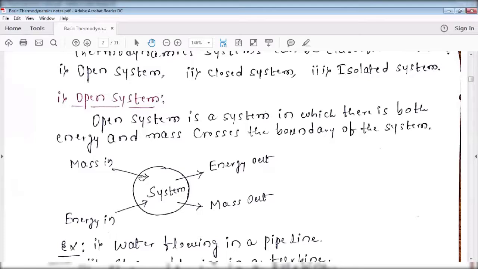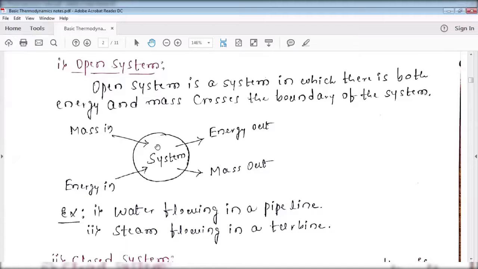Once the system boundary is open, both mass and energy are entering from the surroundings to the system, and both mass and energy are coming out from the system to the surroundings. Such systems are called open systems.